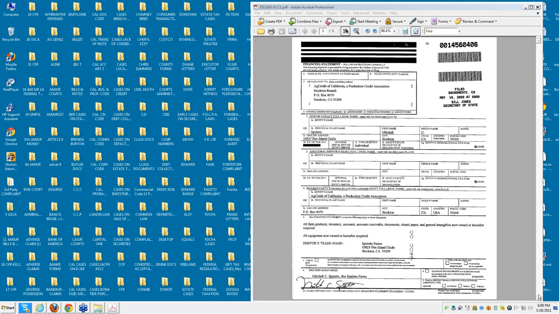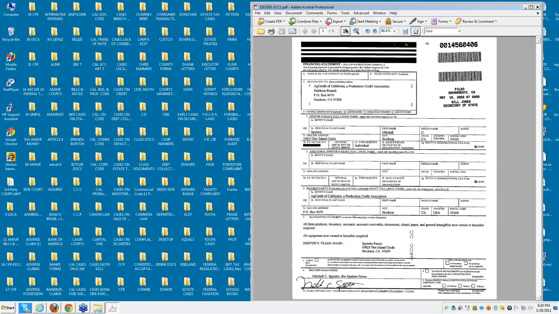Now, usually when they do these, they have a list on the back. Some of these are only 1 page long. This particular one is only 1 page long. You put your name up here.